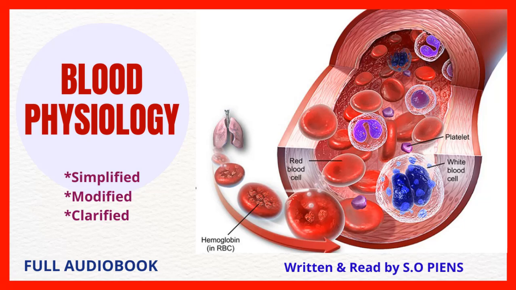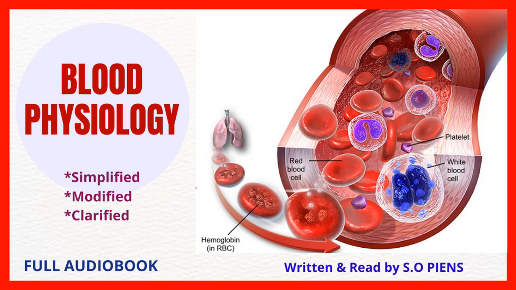Hemoglobin has 2 components, the heme and the globin. The heme contains iron 2, while the globin contains amino acids. Iron is transported in the blood as transferrin and stored as ferritin and hemosiderin, that is in the insoluble form.